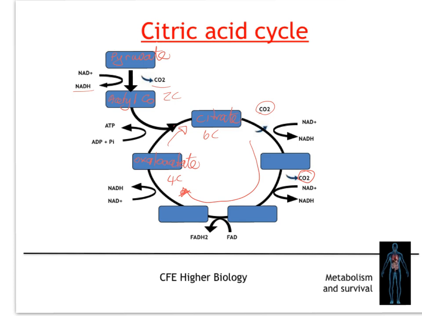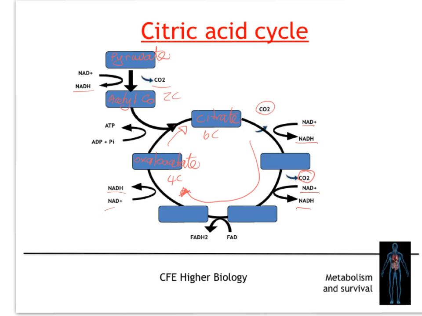Now along the way as well, hydrogen ions are released along with high energy electrons, and they become bound to NAD. So you see it happening here, and notice it over here as well. Now the hydrogen and the electrons can also bind to a different coenzyme.